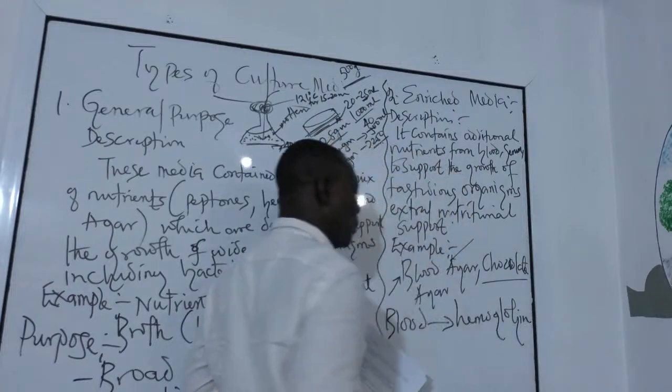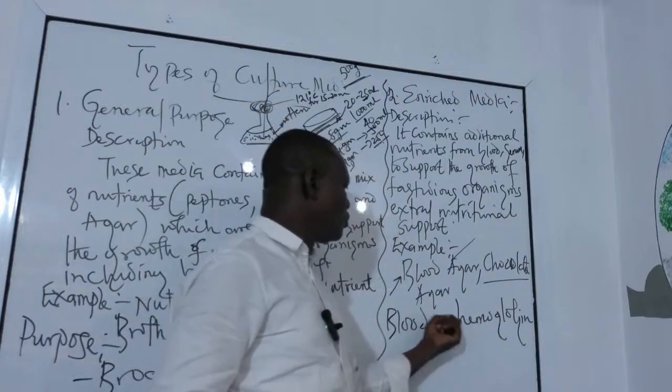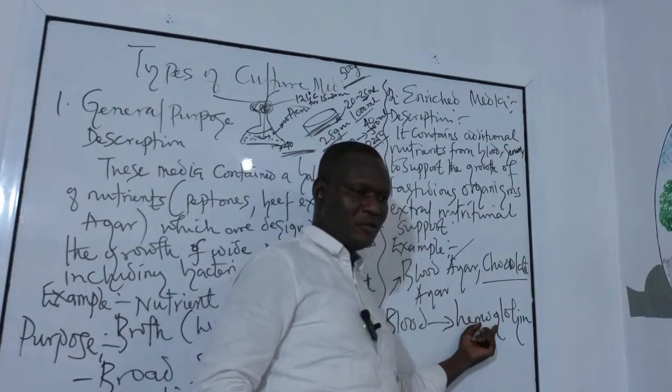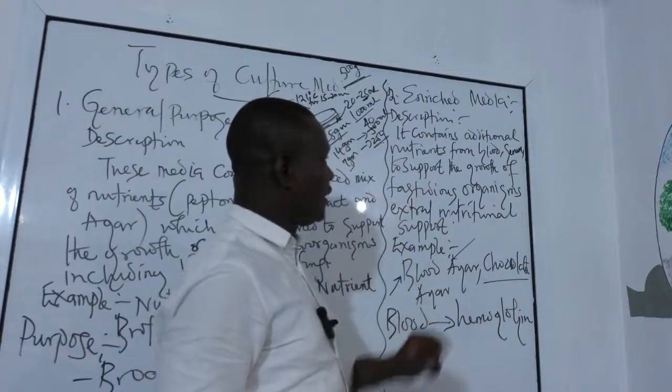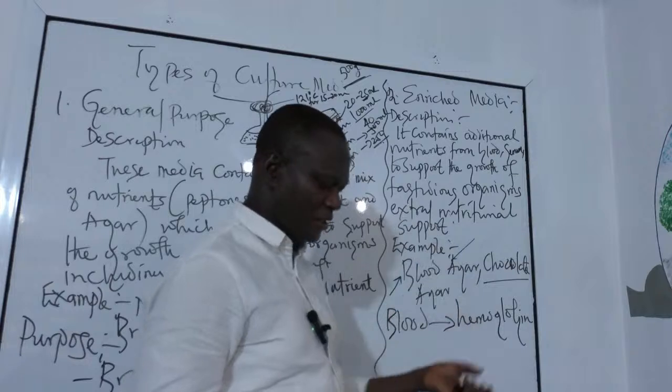Microorganisms that want to metabolize hemoglobin are the ones that are called fastidious. They require enriched media. You need to enrich their media.